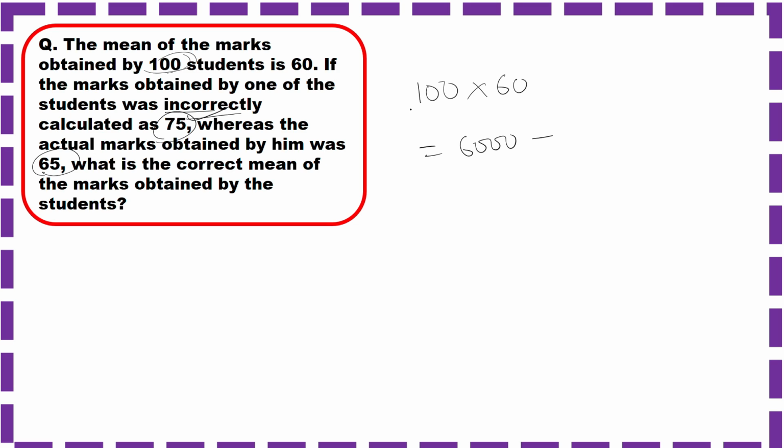So 75 must be out of this, so subtract 75 from this, and what must be in? 65 must be in. So just add 65, divided by... there won't be any change in the total number of students, right? No one is going out and no one is coming in, so 100 remains 100. So calculate this, and you will get 59.9 as the mean marks obtained by the students. This is the current average.